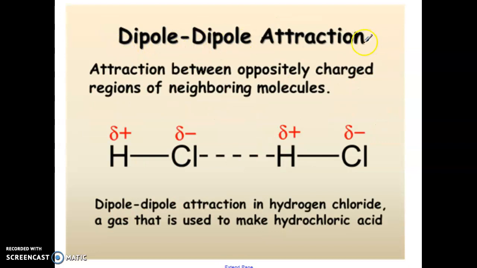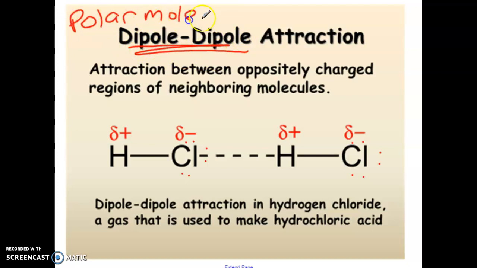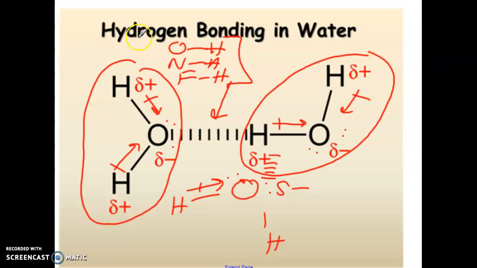Dipole-dipole attraction is pretty much the same idea as what we just talked about, except instead of OH, NH, and FH, it's any other dipole. To have this type of attraction, it must be a polar molecule. You need to have dipoles there. The same goes for hydrogen bonding: it has to be polar, but it also has to have one of these bonds.